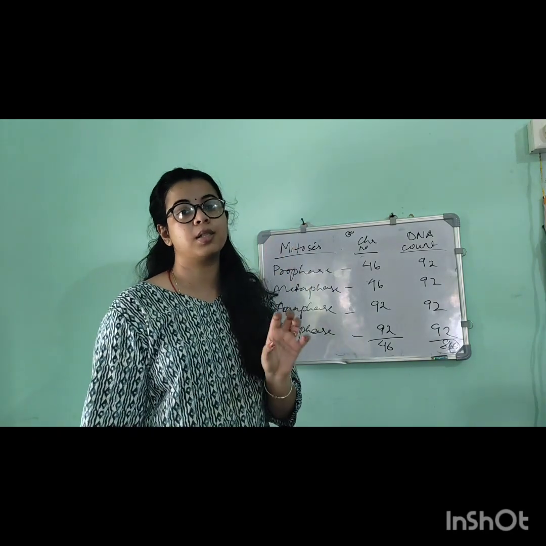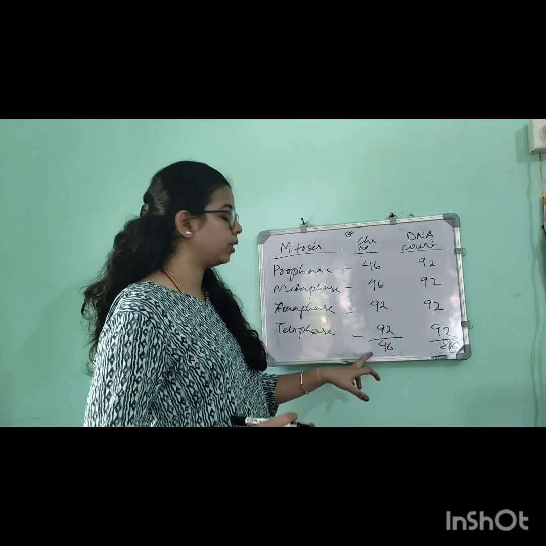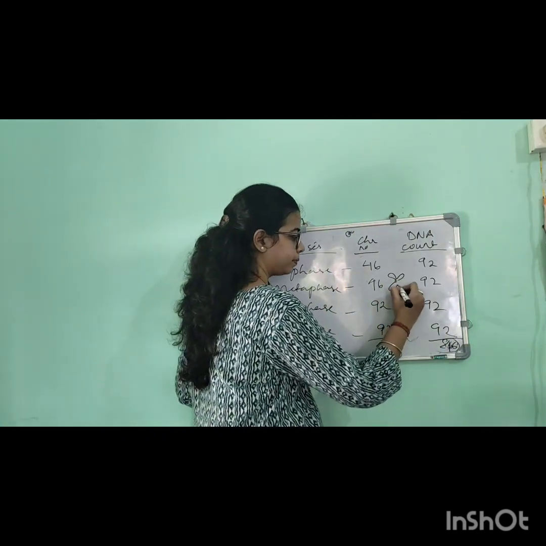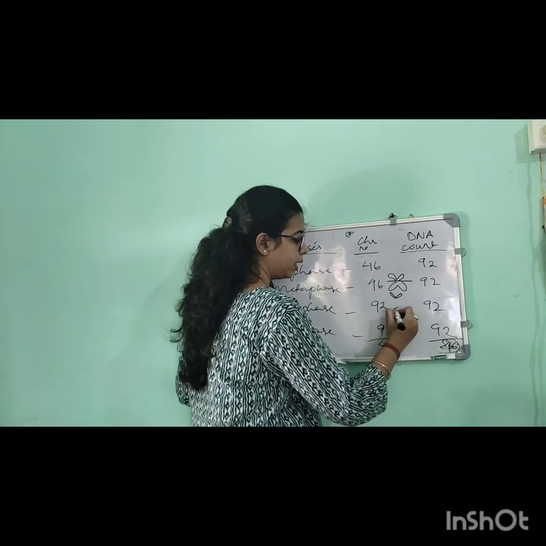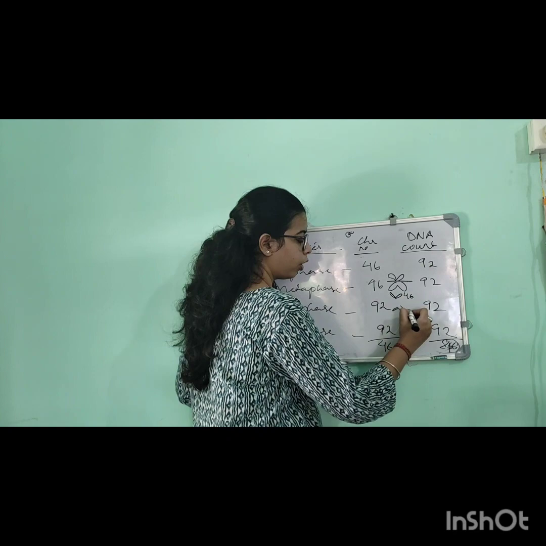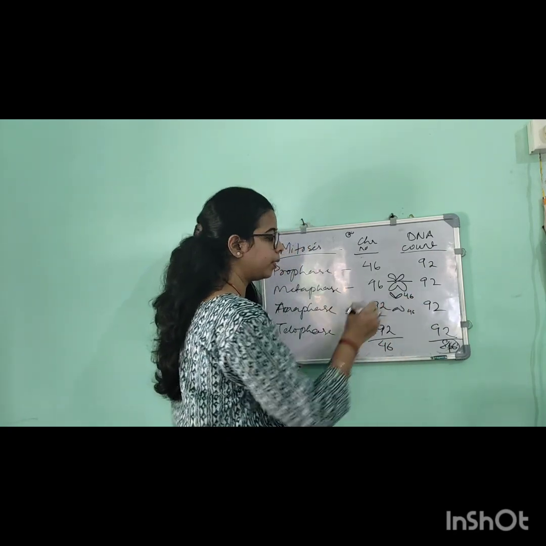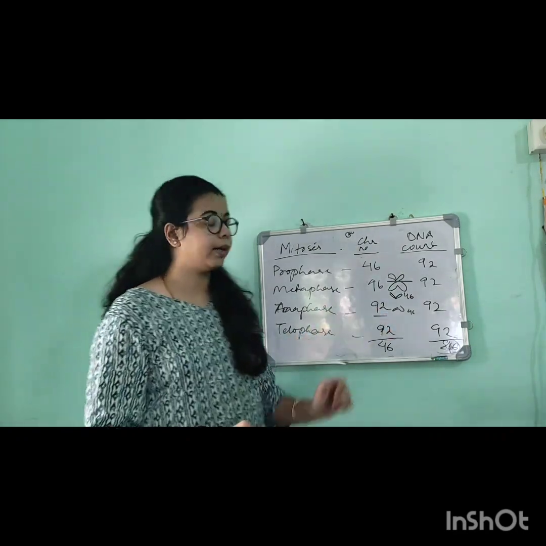Because 2 daughter cells are formed, as a cell is separating into 2 daughter cells. So each chromatid will contain 46, total 92.